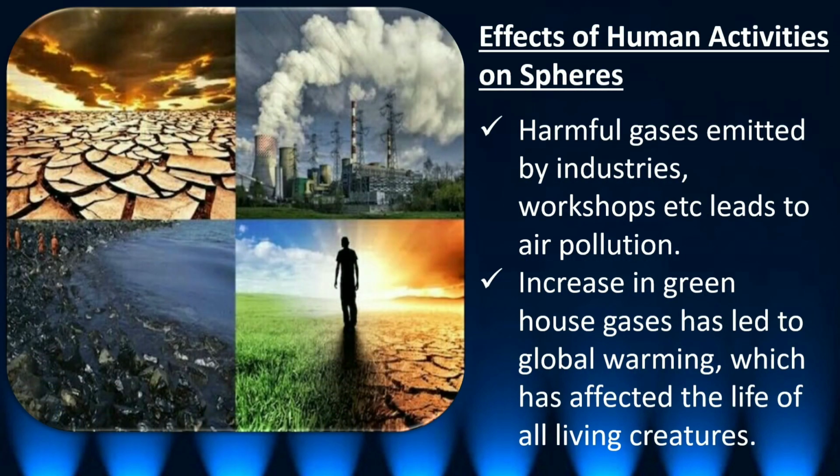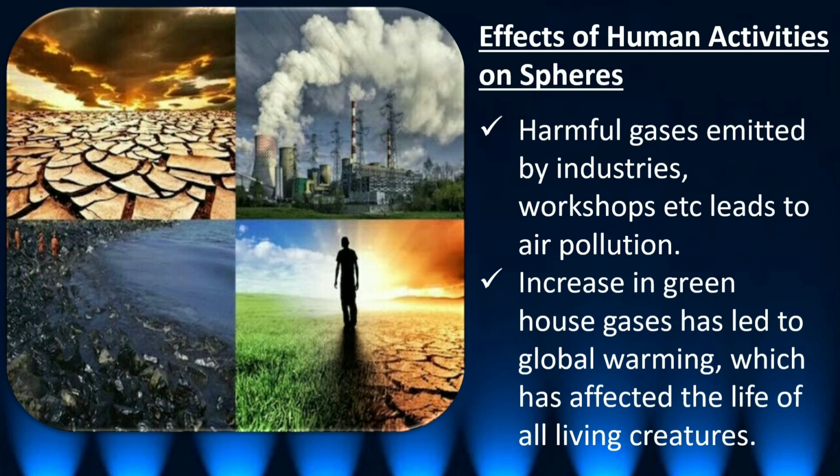Thirdly, harmful gases emitted by industries, workshops, power stations, and vehicles pollute the air, which is leading to air pollution. And the last point, the increase in greenhouse gases has led to global warming. The increase in the proportion of greenhouse gases is leading to a very big problem like global warming.